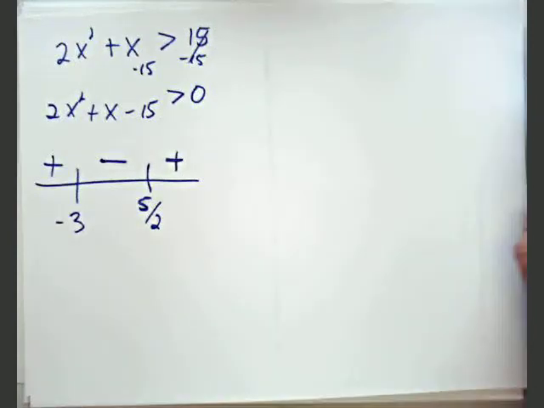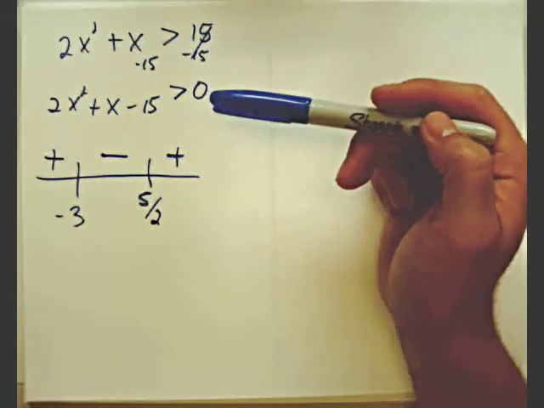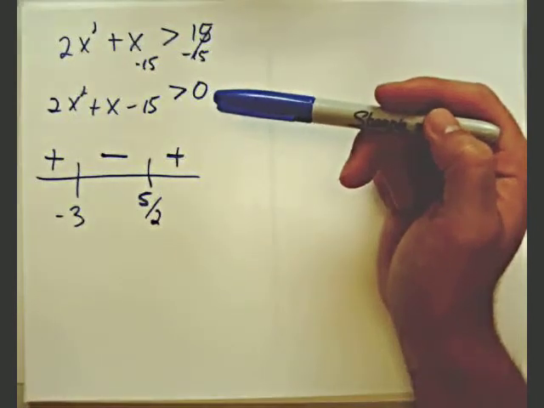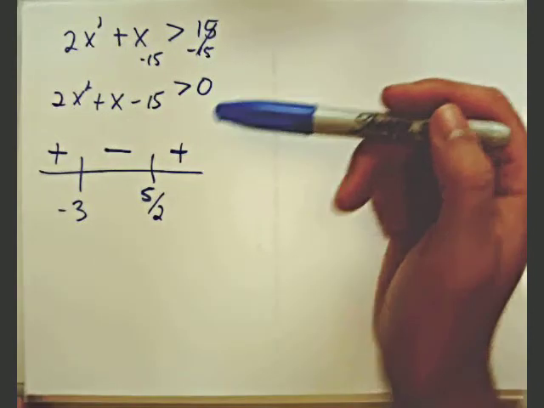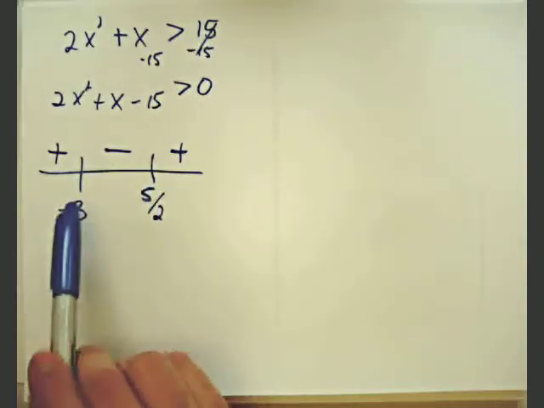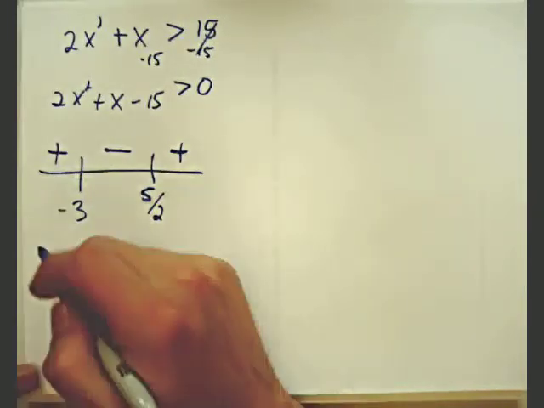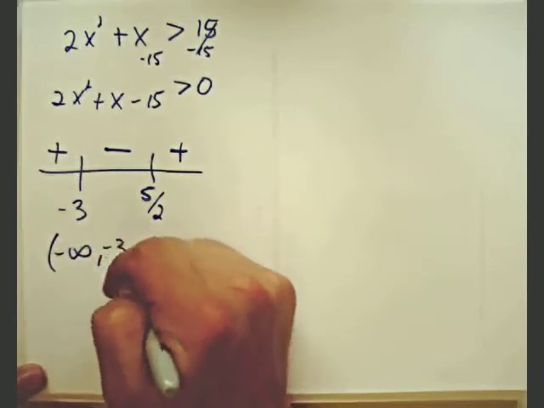Our last part of the problem is to now correctly identify which intervals solve the inequality. So if I look at my inequality, I want to find intervals that make the function greater than 0. And where the function is greater than 0 is when we saw on the graph where it was positive. So that's this one and this one. So x value is less than -3, and we'll write that as -∞ to -3.